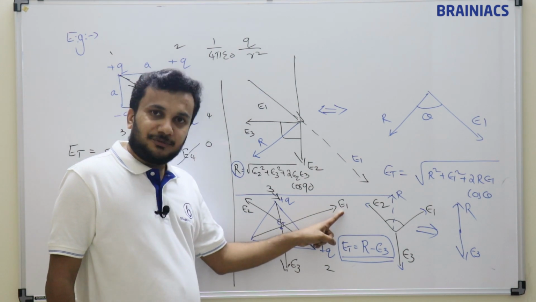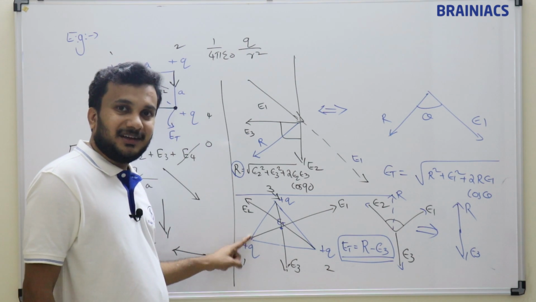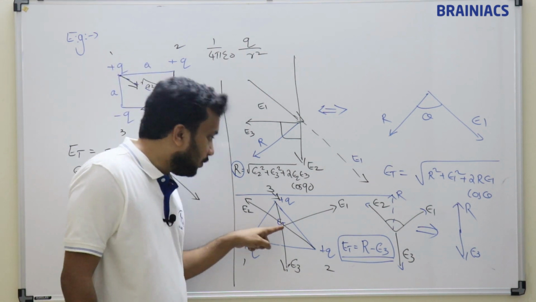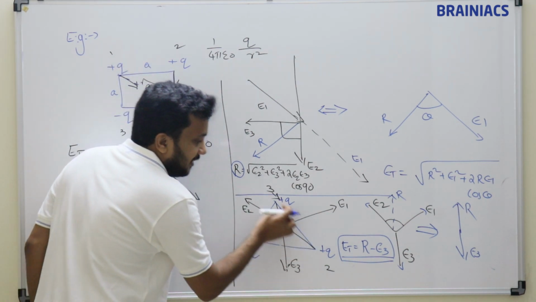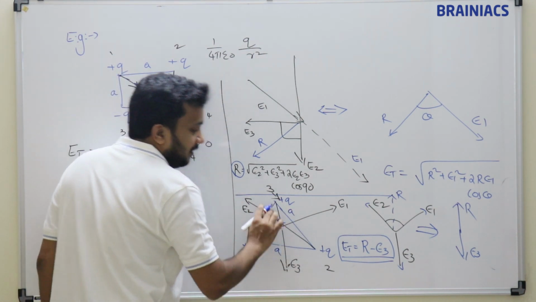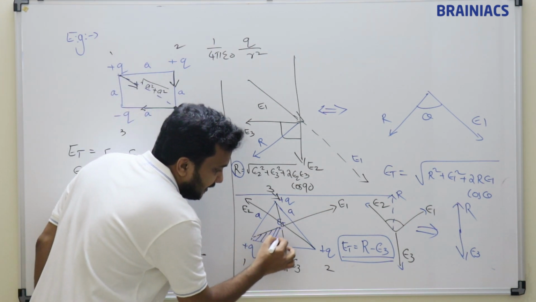You know what the value of E1 is. E1 will be equal to 1 by 4 pi epsilon 0 times Q divided by distance square. Distance from where? Distance from here to here. This point distance I have to calculate. This is an equilateral triangle. You can assume the side length equal to a meters. All sides are equal, so you can see a right angle triangle here.